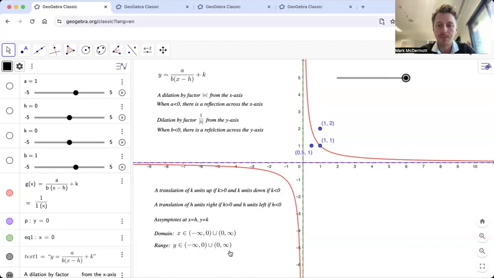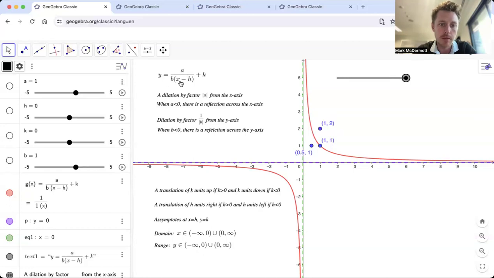Basically, your range is going to go from -infinity up to your horizontal asymptote, and then from your horizontal asymptote up, but you can't include that point. And your domain will go from -infinity to your vertical asymptote, not including that point, and then from that point to +infinity. So that's an important thing to think about.